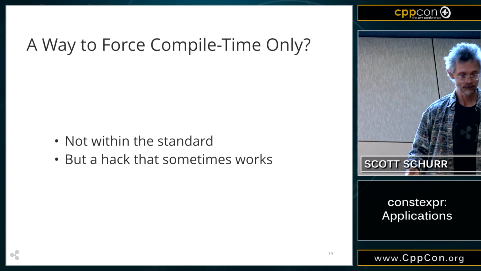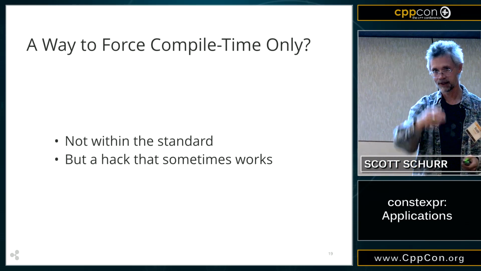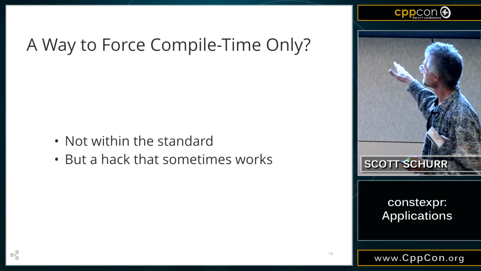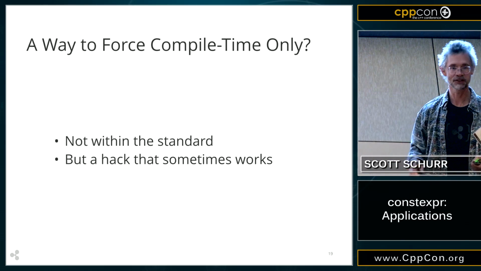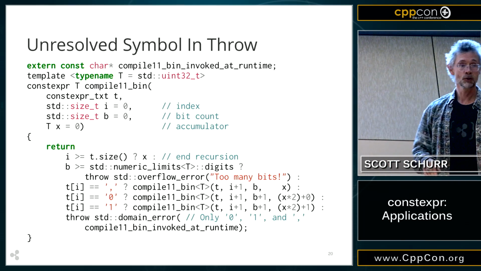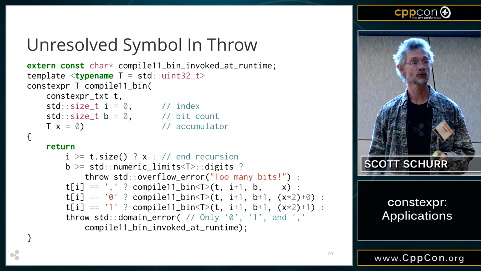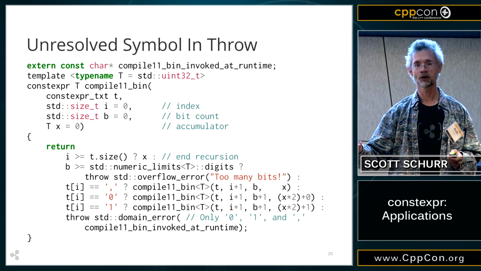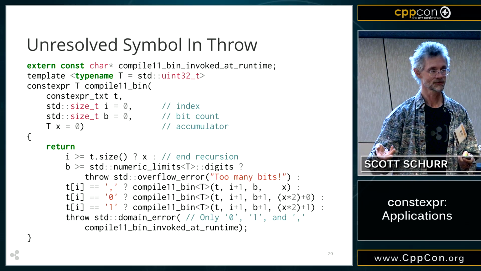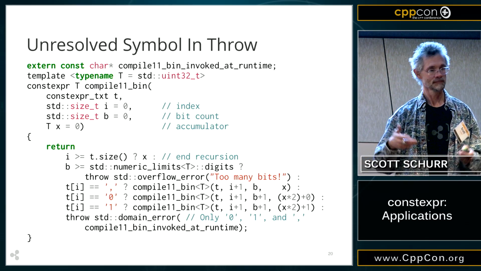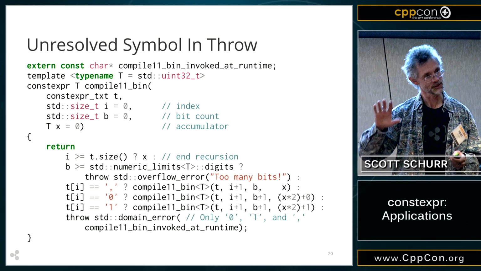Nevertheless, there's a hack. Howard Hinnant helped guide this particular hack. So we can put an unresolved symbol in a throw. We've talked about how you can have a throw in a constexpr function, and as long as that throw is not evaluated at compile time, you can just leave it there.